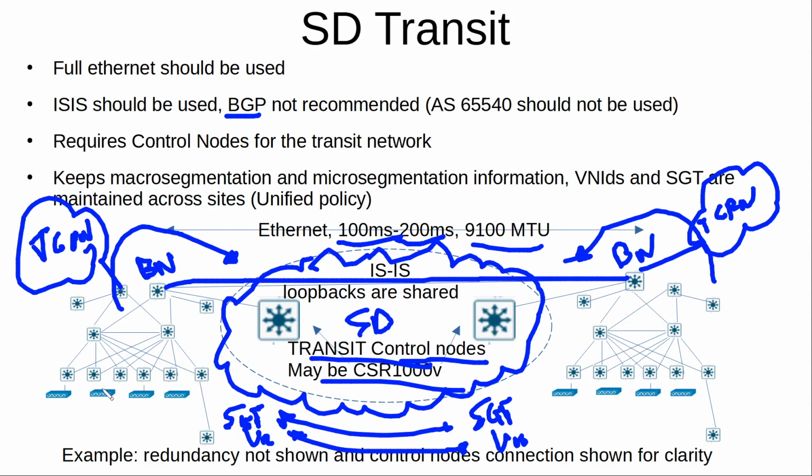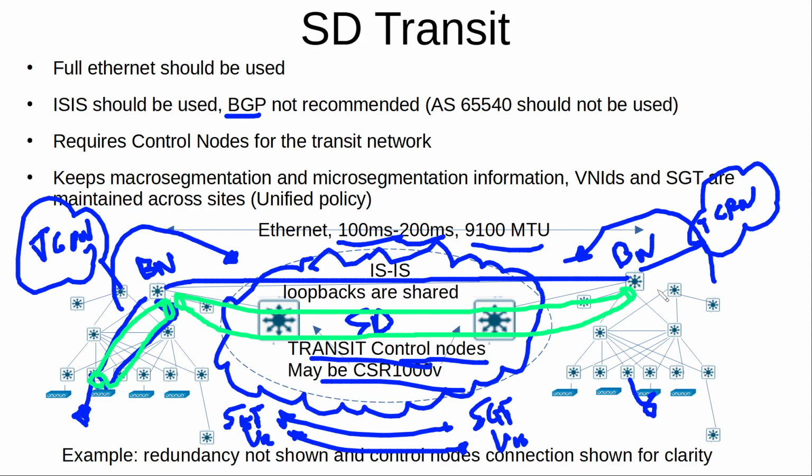So, for instance, if I connect here a device that wants to print on a printer that lives in the other fabric site, then a VXLAN tunnel will be built to this border node, and after receiving this VXLAN packet, this border node will create another VXLAN tunnel to the border node on the other side, and then the border node on the other side will create another VXLAN tunnel to the destination device.